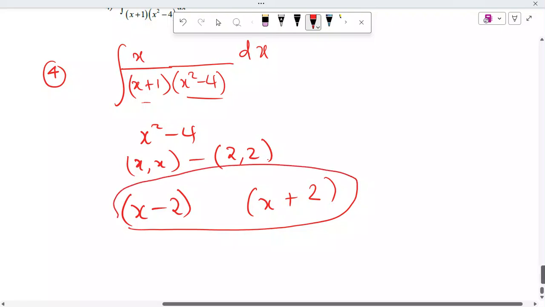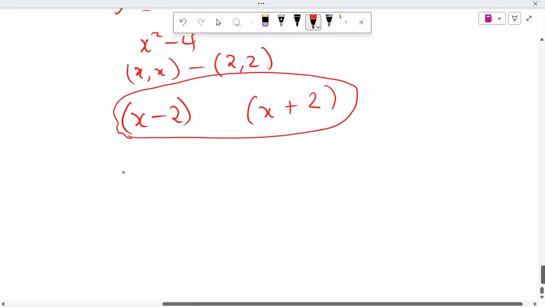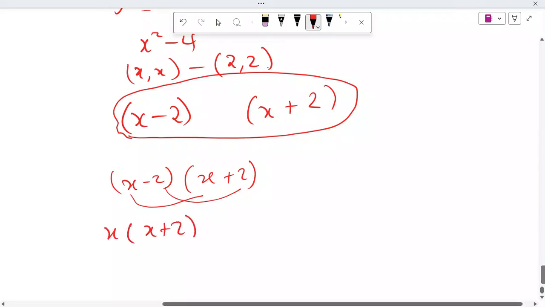This, meaning you factorize completely. If you doubt, you can take it back and multiply. So you have x minus 2, x plus 2. You multiply x by everything, negative 2 by everything here. So you have x plus 2 minus 2, x plus 2.